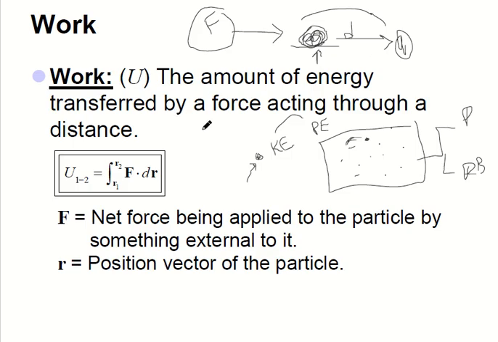And of course, when we write it in a formal definition, work is the amount of energy transferred by a force acting through a distance. This force caused that distance in that particle. Amount of energy meaning, like I already told you, when a particle is in a position, it doesn't move.